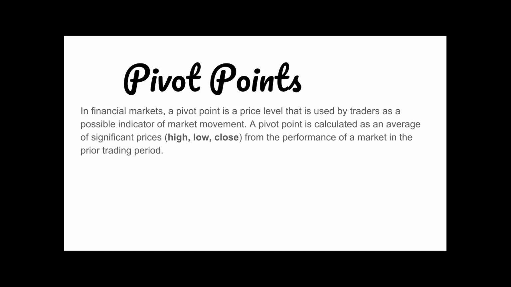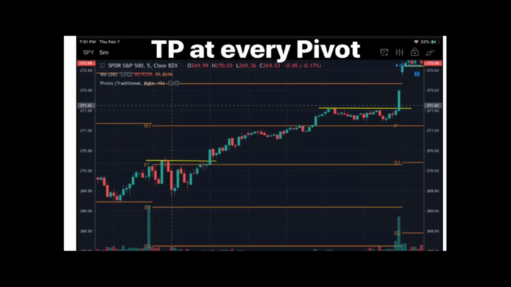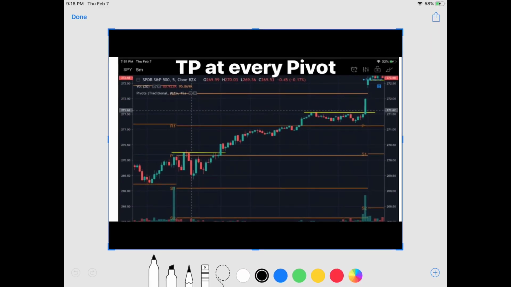So, pivot points. In financial markets, a pivot point is a price level that is used by traders as a possible indicator of market movement. A pivot point is calculated as an average of significant prices, high, low, close, from the performance of a market in a prior trading period. So, bam. Right?